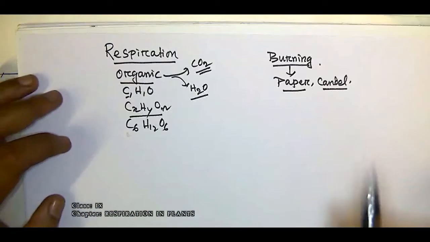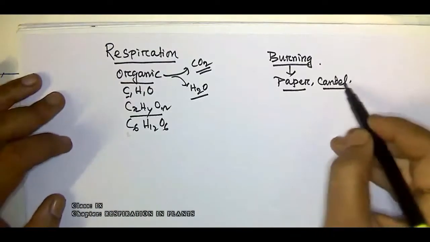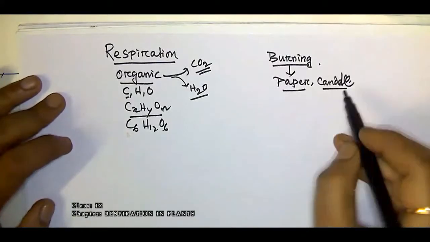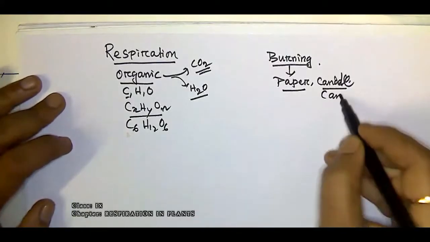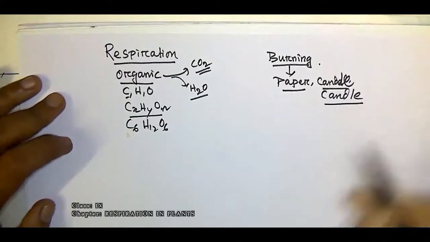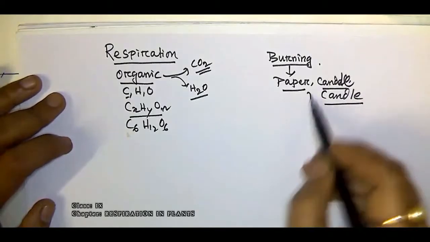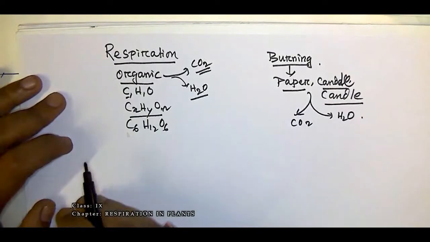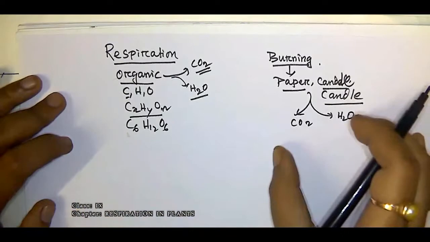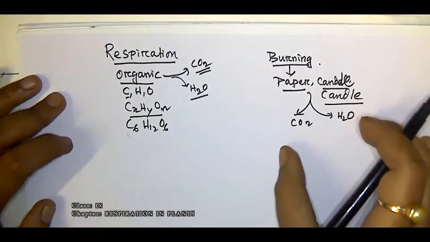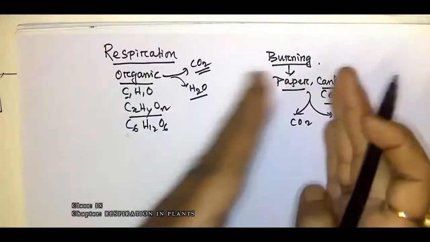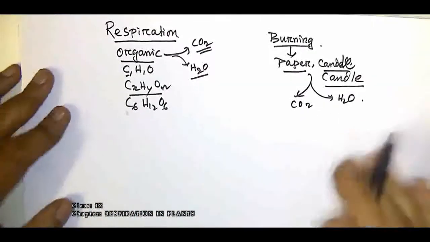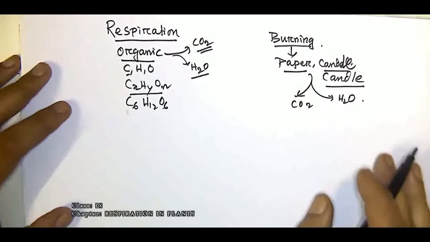So burning of paper or candles would basically release the same thing, carbon dioxide and water vapor, isn't it? So burning any organic compound also releases the same thing. So how are these two processes different from each other? Very quickly, let's see some basic differences between both.